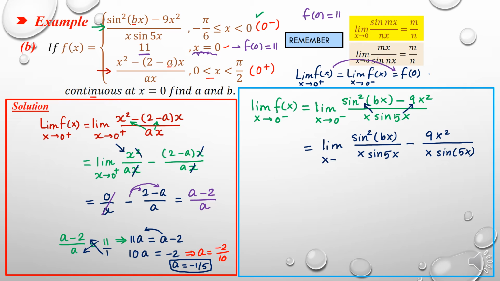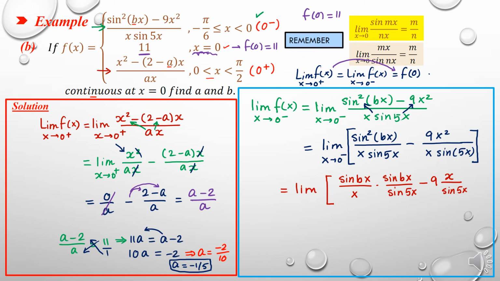Now when x goes to 0 from left, you have to rewrite the expression inside as limit of, for the first one, we have sine bx over x multiplied by sine bx over sine 5x minus 9 multiplied by x over sine 5x times x over x when x goes to 0 from left.